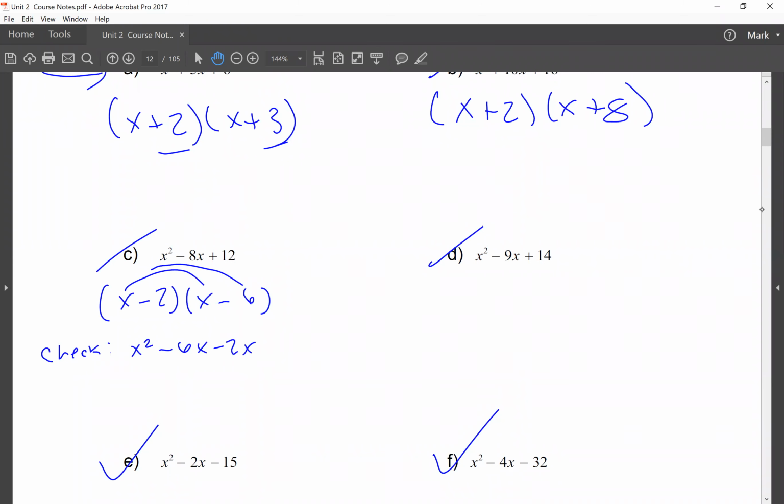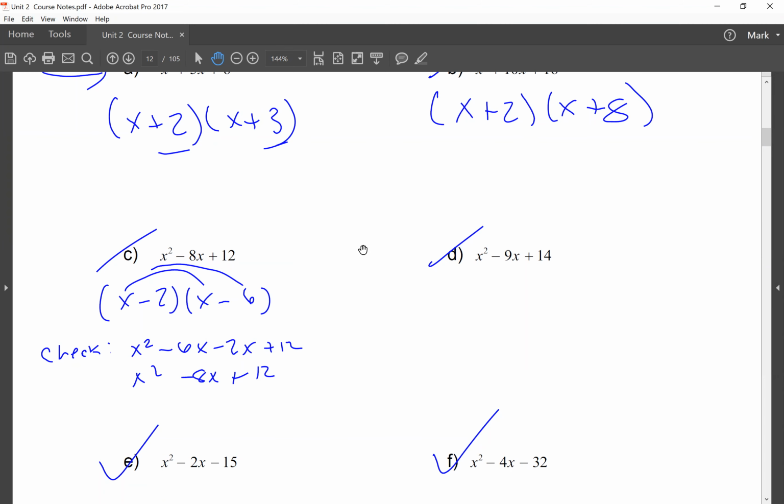And then negative 2 times negative 6 is plus 12. So this works, right? This gives me my answer. So you can always check your answers. Or I shouldn't say always, but for a question like this, you can check this, which I really like about math.